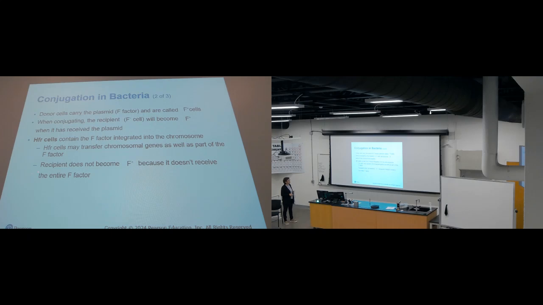In this case, the F factor becomes part of the chromosomal genes, and the recipients of plasmids from these Hfr cells do not become F plus.